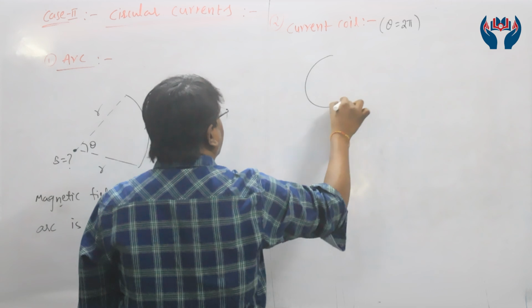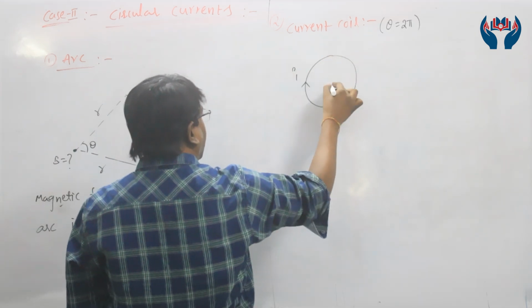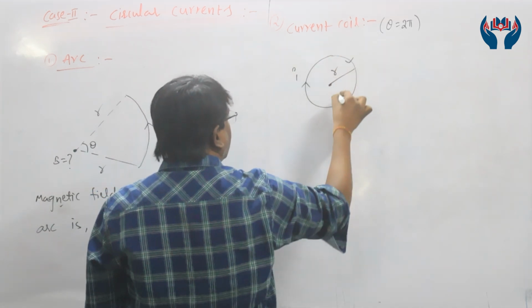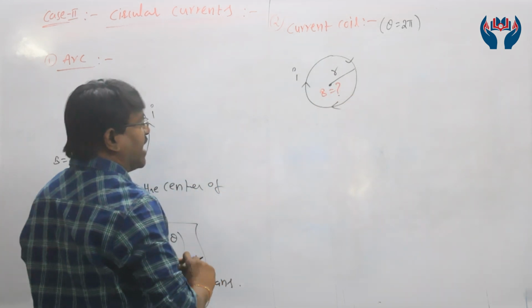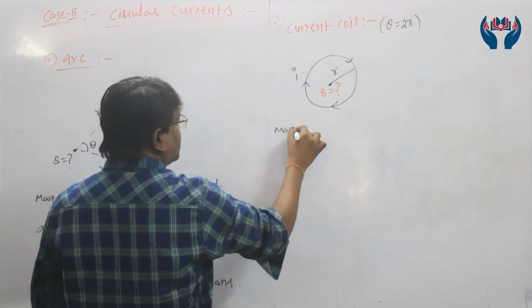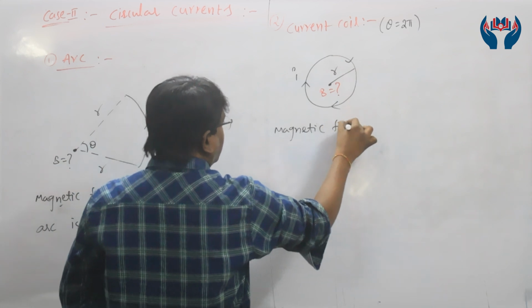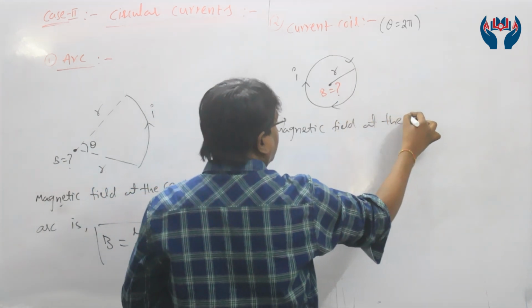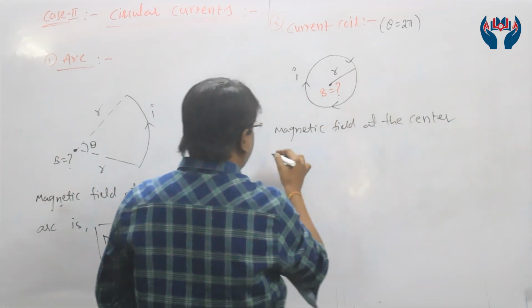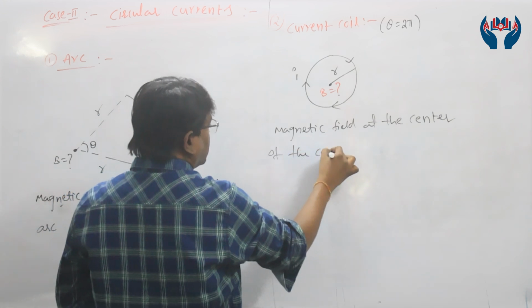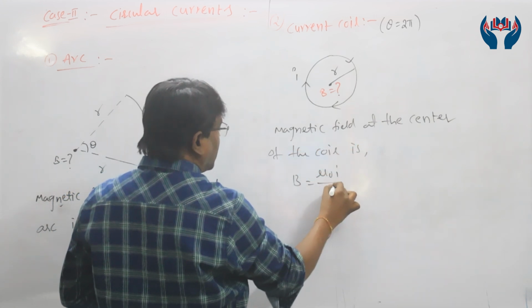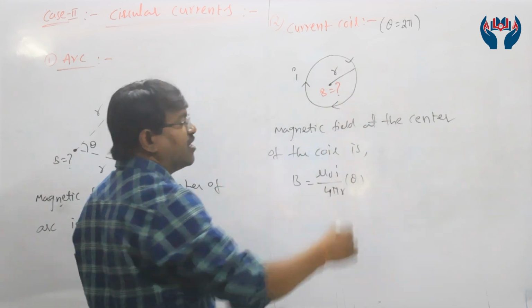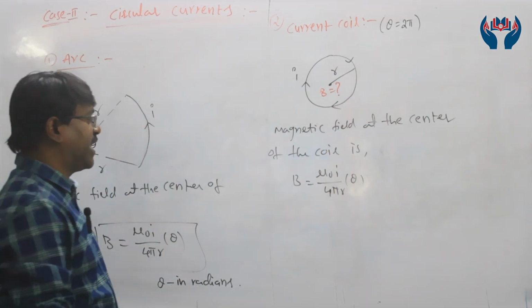Now this is one current coil carrying a current I, and the radius of the coil is R. What is the magnetic field at the center of this coil? B equals mu naught I by 4 pi R into theta, and theta for a coil is 2 pi radians.